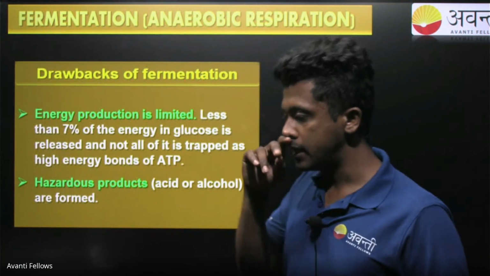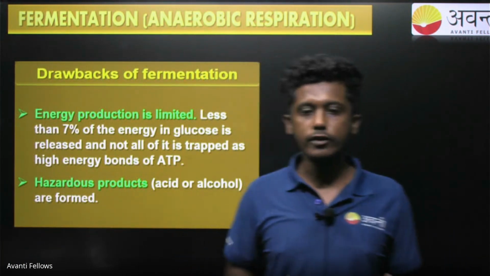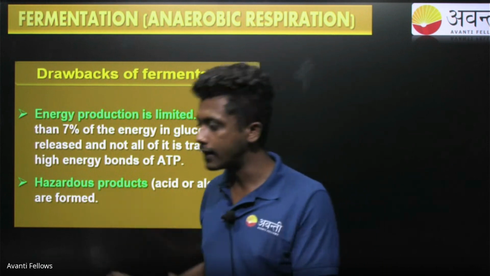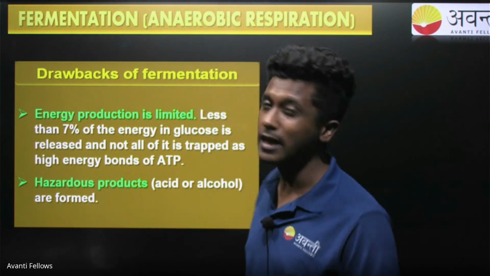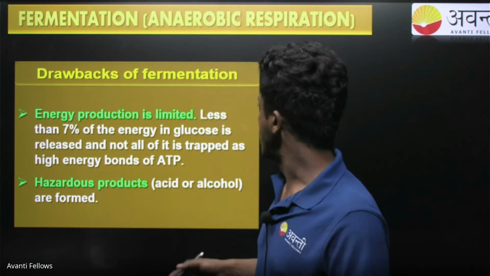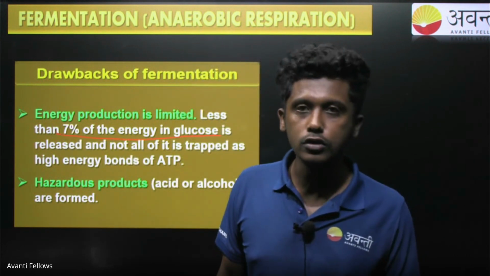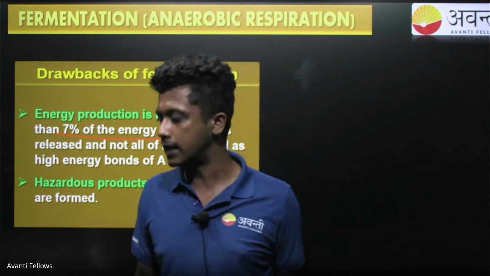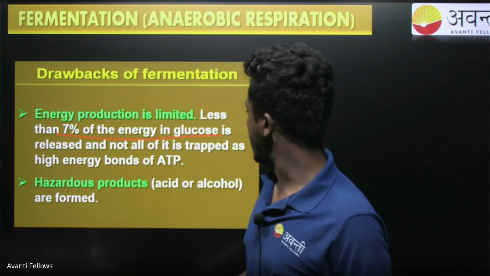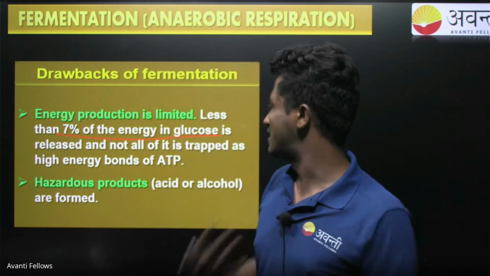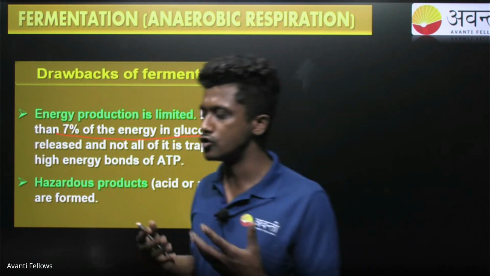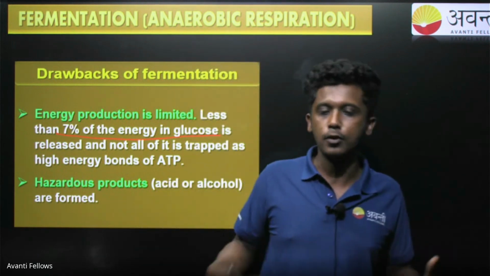But the conversion of pyruvate into lactic acid or ethanol is a very low energy process. Only 7% of the energy yield is obtained by breaking down glucose and converting it into alcohol or lactic acid. Understood?